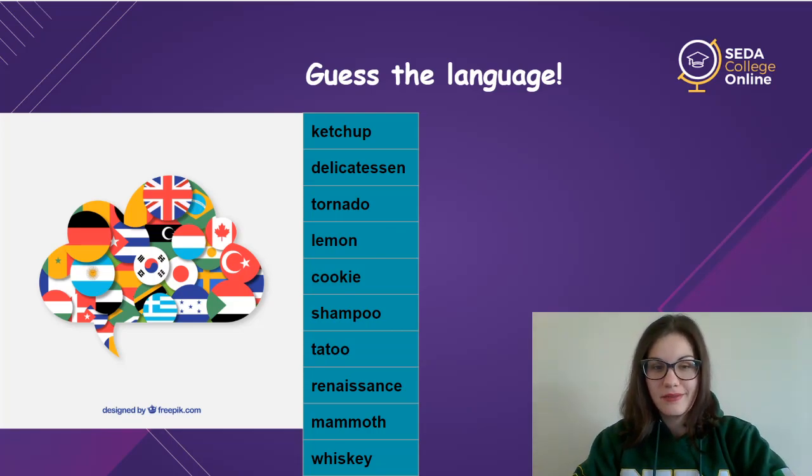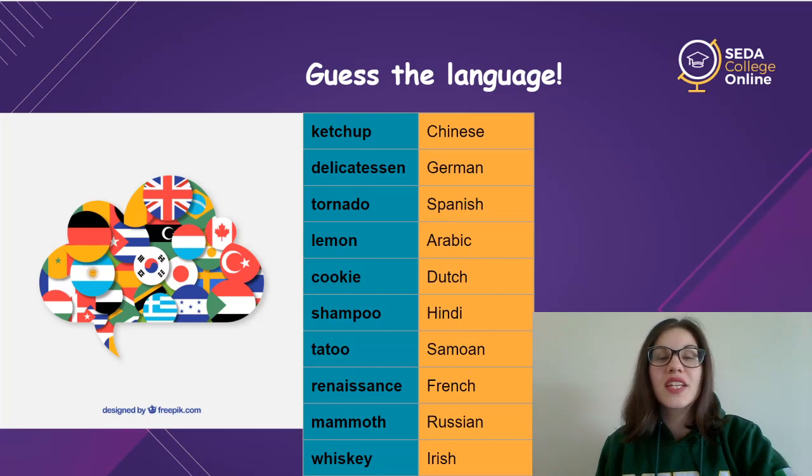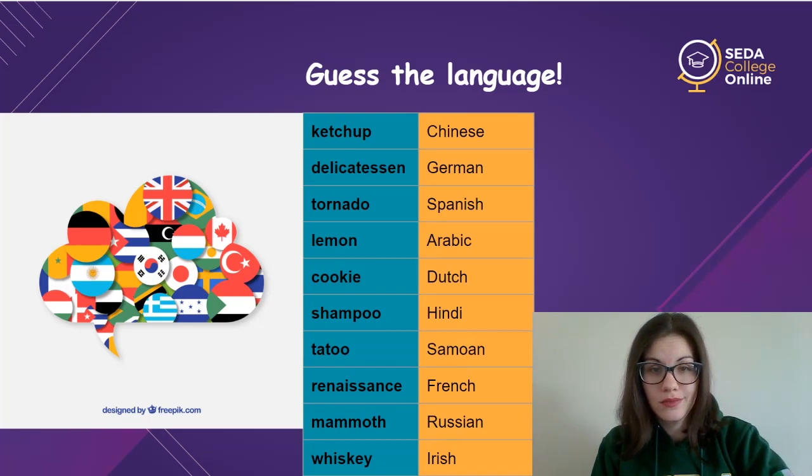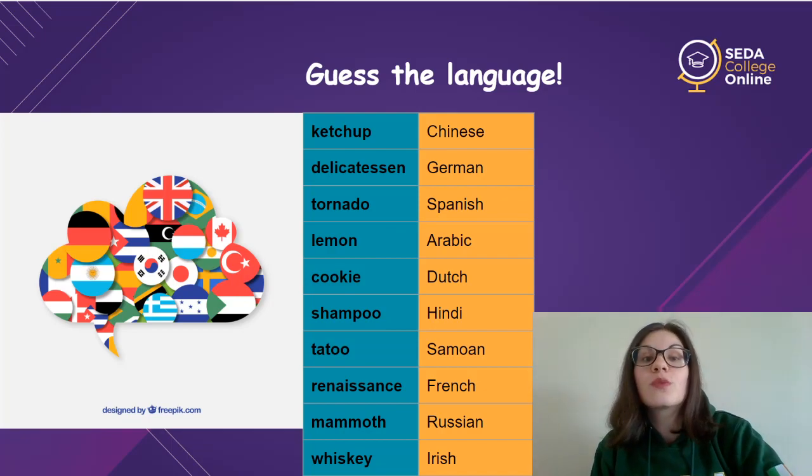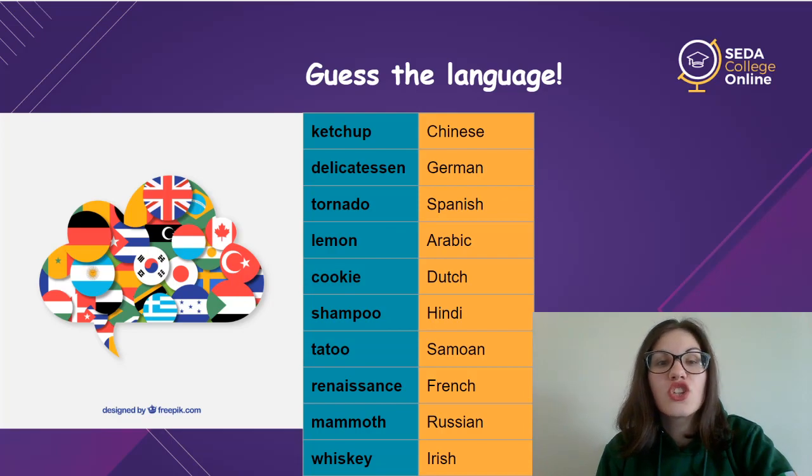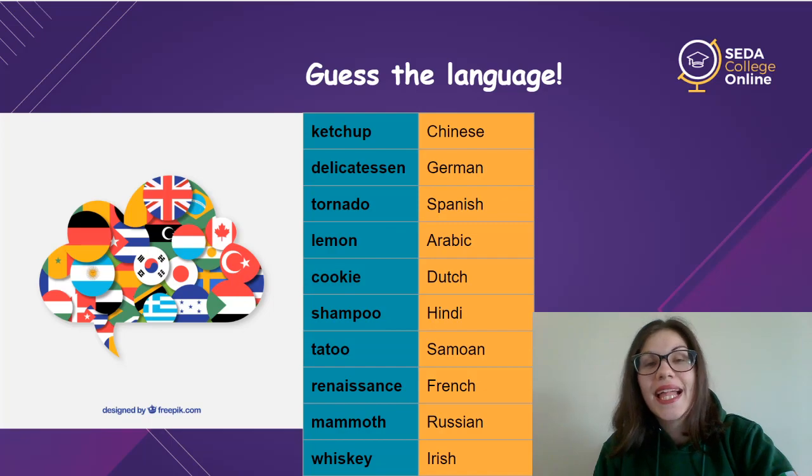So let's see. We have ketchup. Ketchup actually comes from Chinese. Delicatessen, or deli, as we say, comes from German. Tornado, of course, comes from Spanish. Lemon is Arabic. Cookie is Dutch.